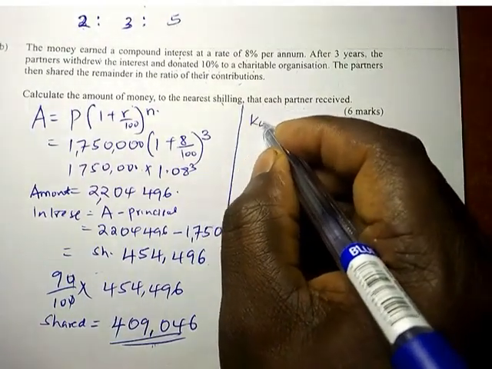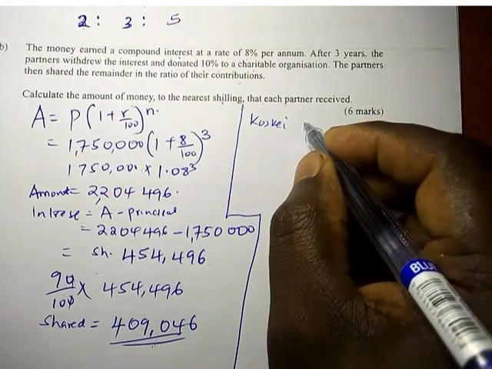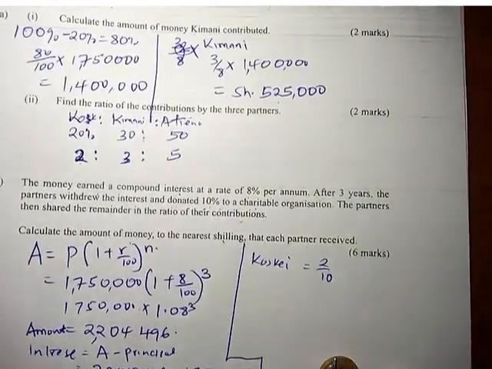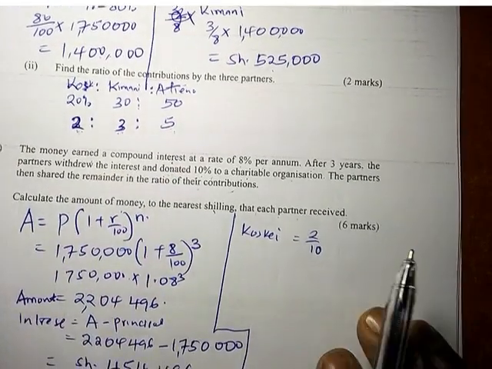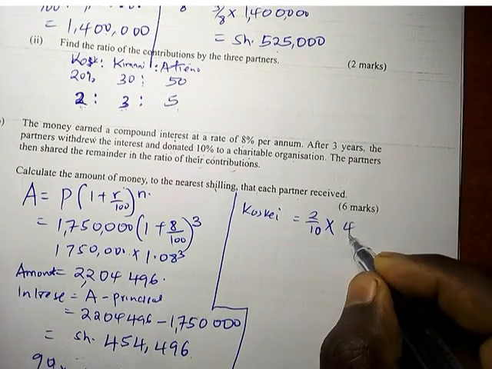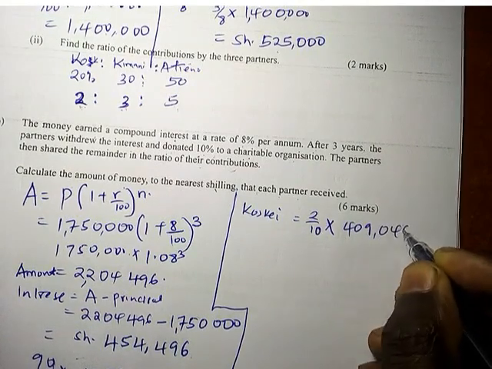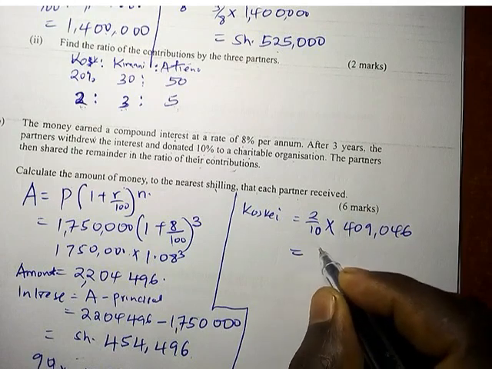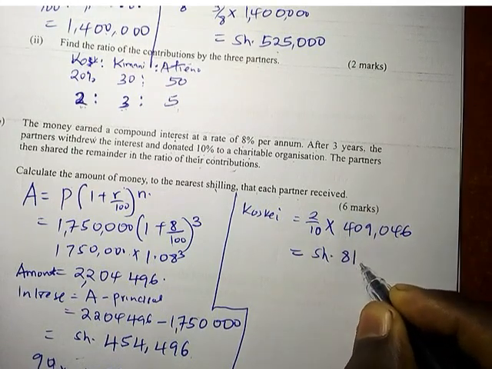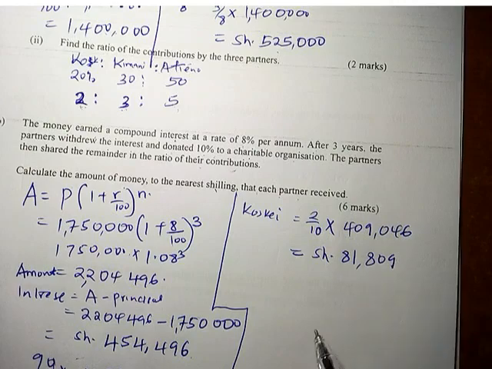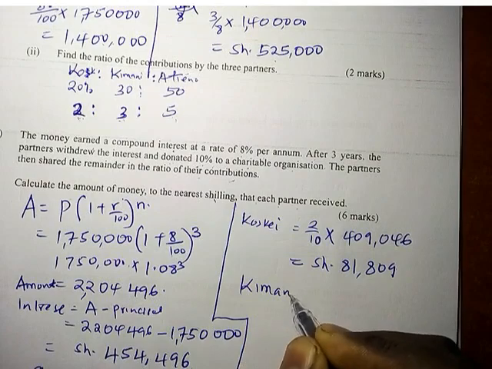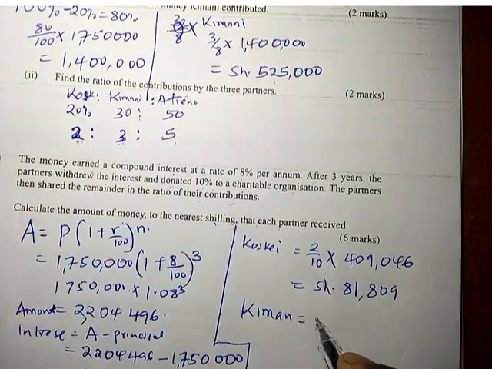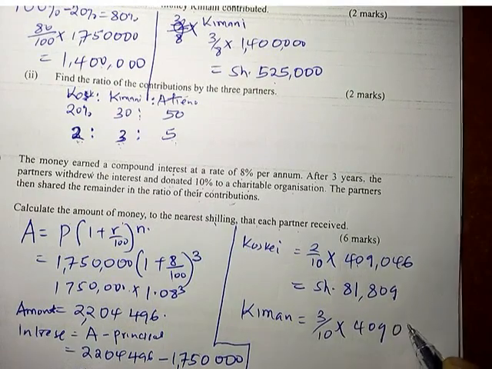So Kcse will get 2 over 10, because the ratio sums to 10, times 409,046. That one will give us Kenya shillings 81,809. Next one is Kimani. Kimani is 3, so it is 3/10 times 409,046.